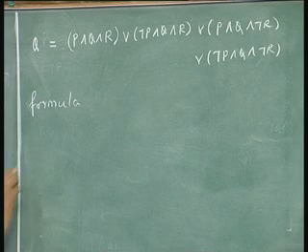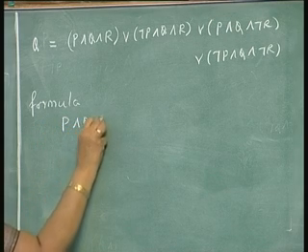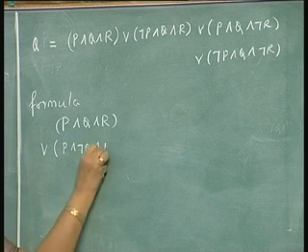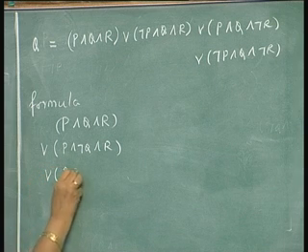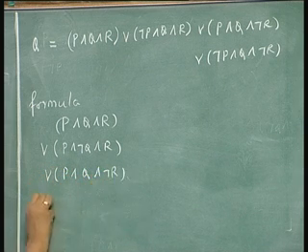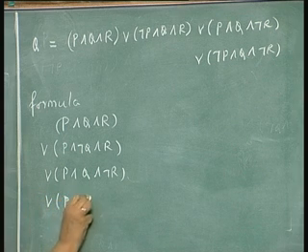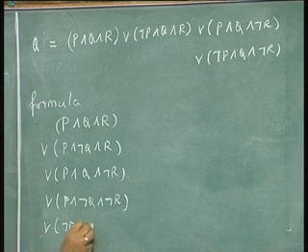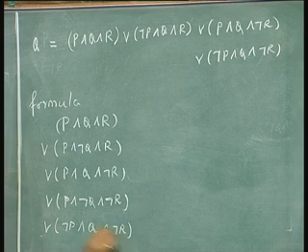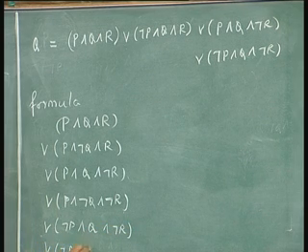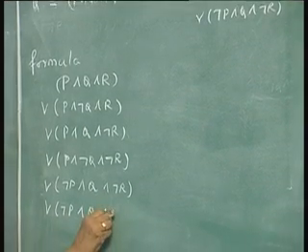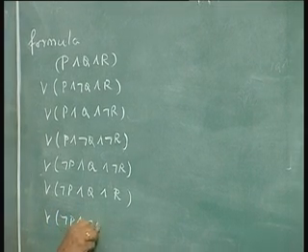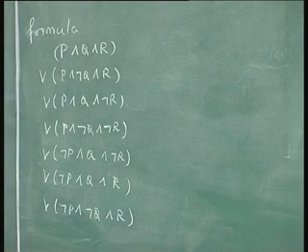The whole formula will become P and Q and R, or P and not Q and R, or P and Q and not R, or P and not Q and not R, or not P and Q and not R, or not P and Q and R, or not P and not Q and R.